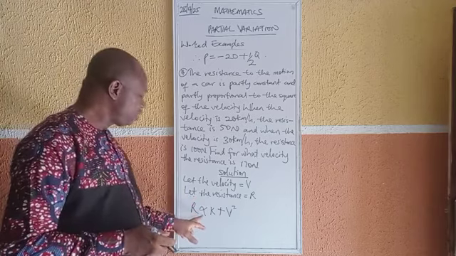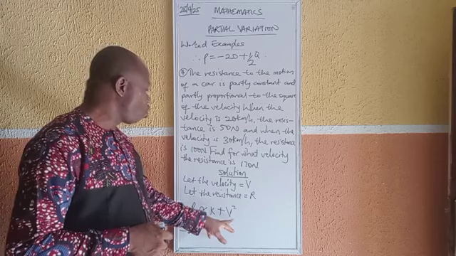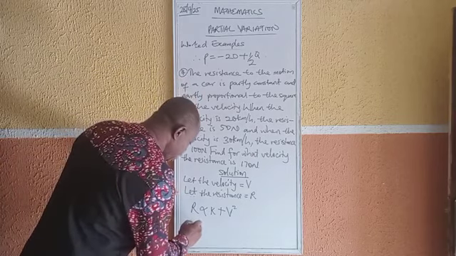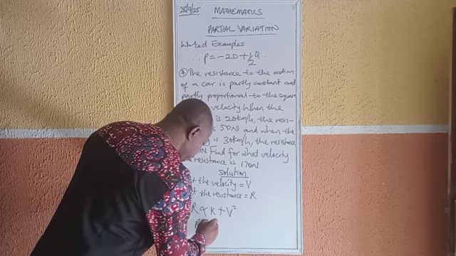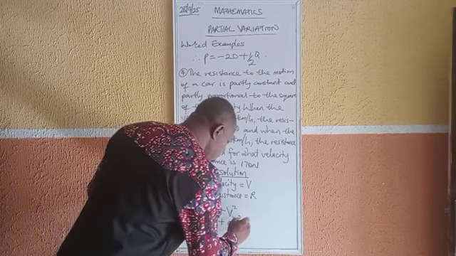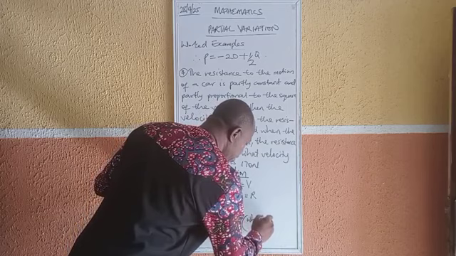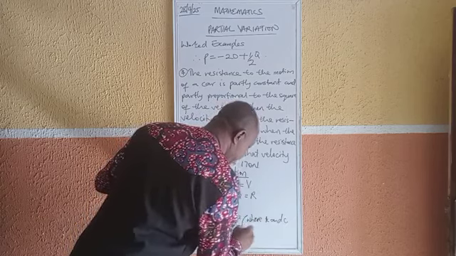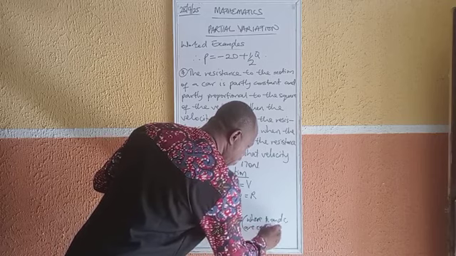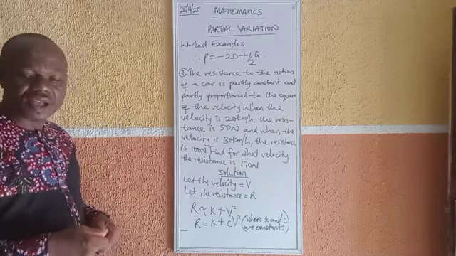So let's introduce other constants K and C. That's going to be R equals K plus CV squared. Here K and C are constants.